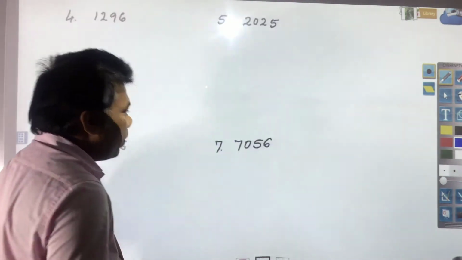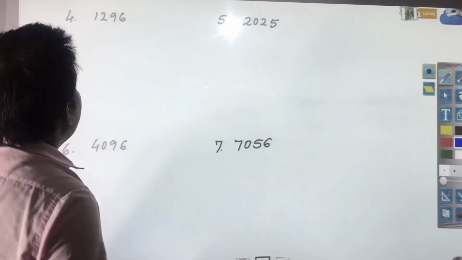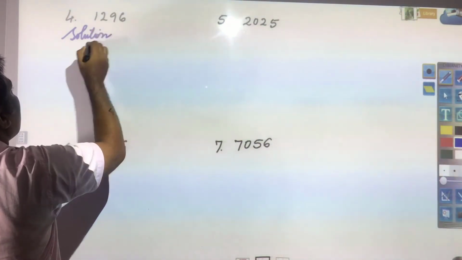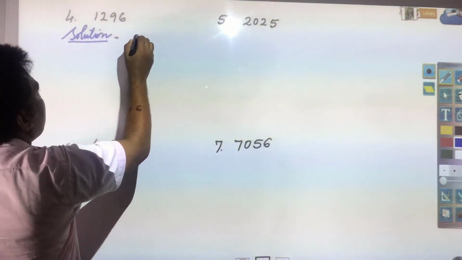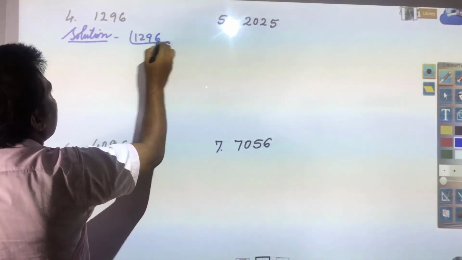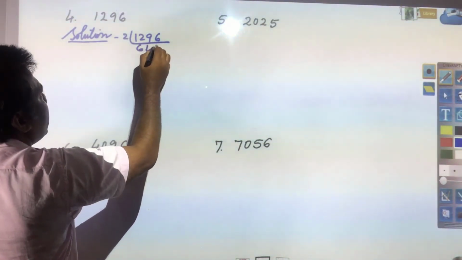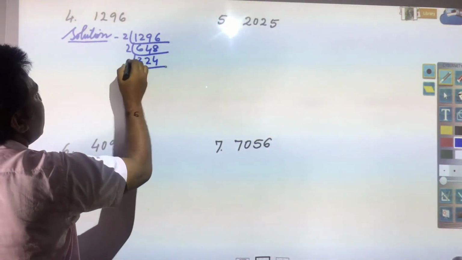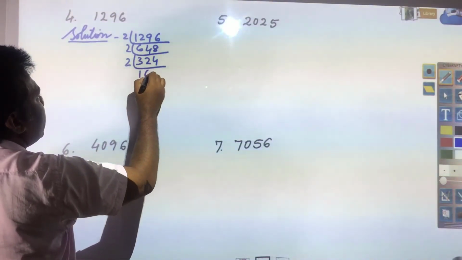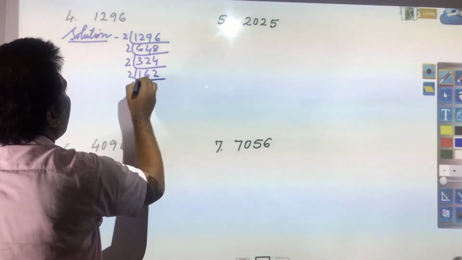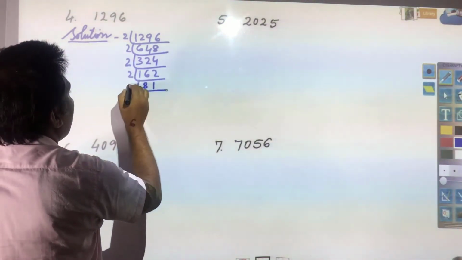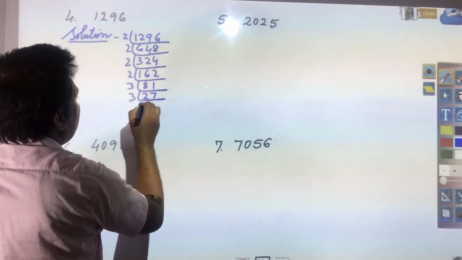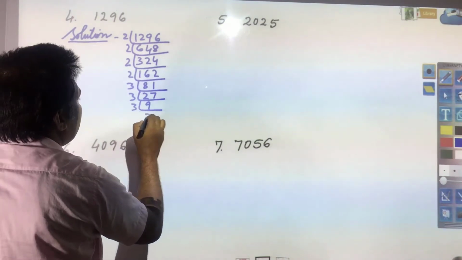Next you see, you have 1296. 2 6s are 12, 2 4s are 8, 2 8s are 16, 2 3s are 6, 2 2s are 4, 2 4s are 8, 2 1s are 2, 2 6s are 12 and 2 2s are 4, 2 8s are 16, 2 1s are 2 and 3 2s are 6, 3 7s are 21, 3 9s are 27 and 3 3s are 9.